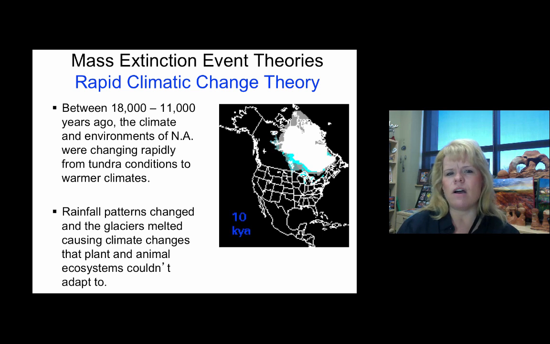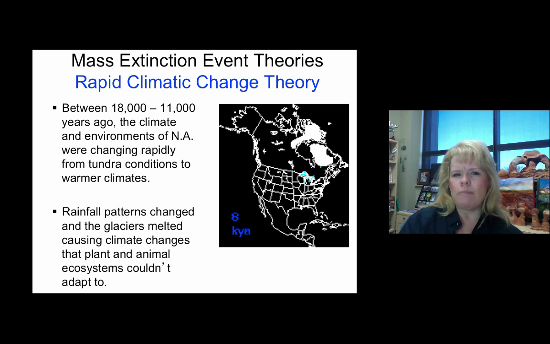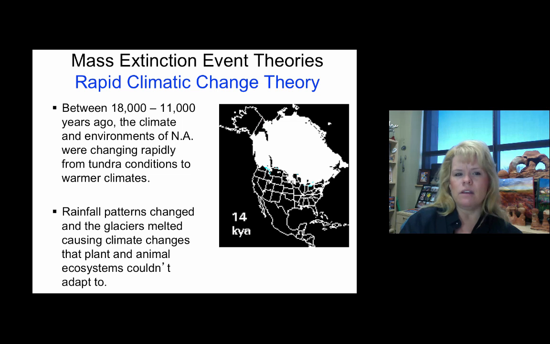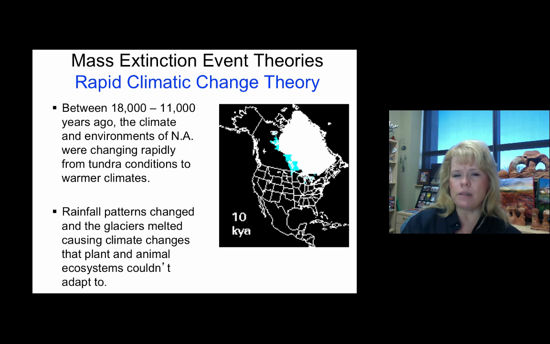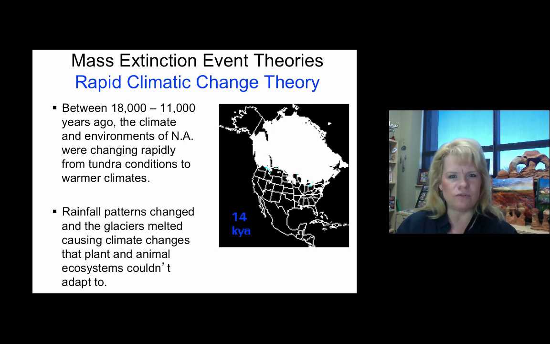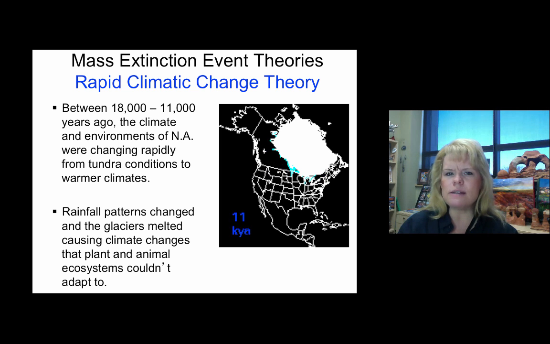mammoths and other megafauna. You add the rapid climatic warming. Somewhere around 18,000 years ago, at the conclusion of the last ice age, the climates of North America rapidly warmed. And when they did, rainfall patterns shifted from being wet to more dry, glaciers melted, and you ended up with an ecosystem where the plants couldn't be sustained in the same way.